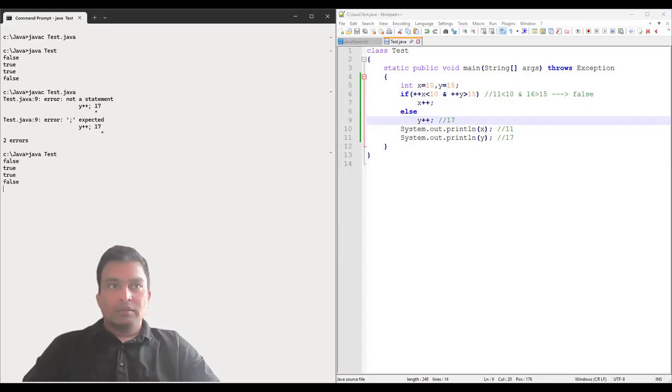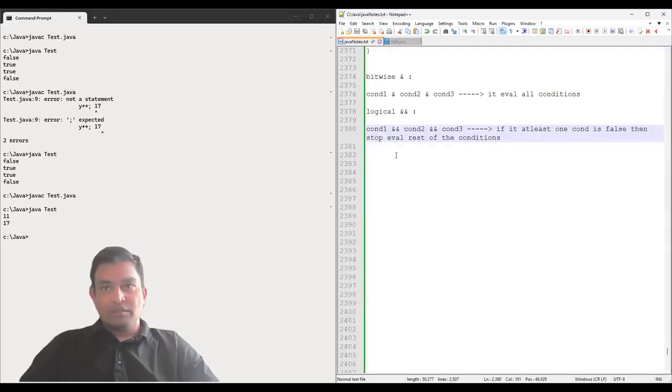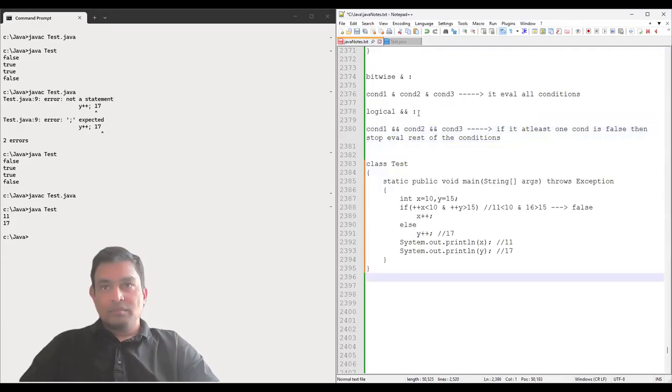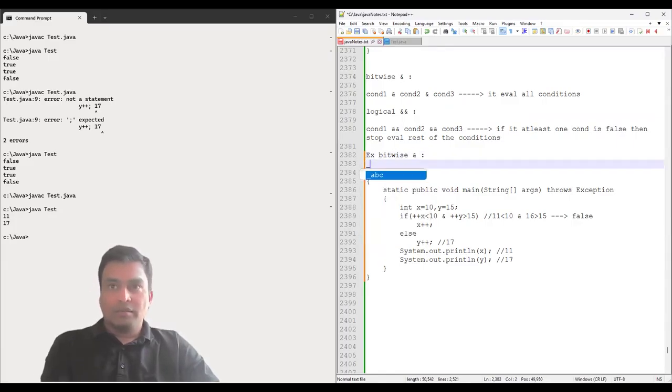Compile, and then execute. So the answer is 11 and 17. This is the example of bitwise AND.